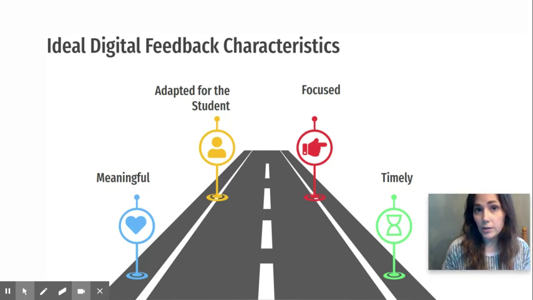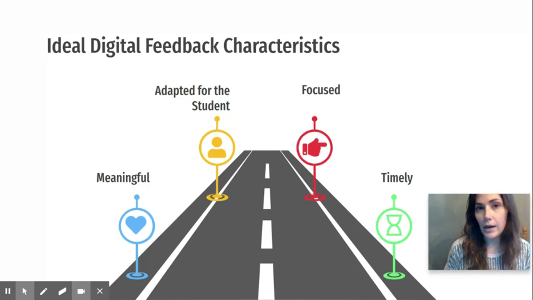Another important characteristic of feedback is to have it be focused, so that students can see very specific comments that are actionable. They know exactly what concrete steps they need to take and what adjustments they need to make to their work to get it to that higher level that you're looking for. And then lastly, it needs to be timely.